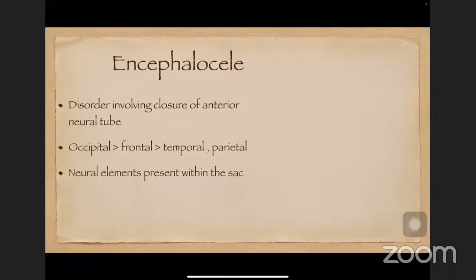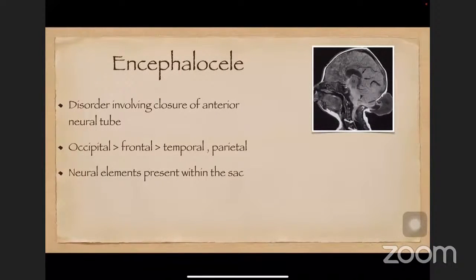Encephalocele and myelomeningocele are the ones that are commonly encountered. So encephalocele is a disorder involving closure of the anterior neural tube, usually seen in the occipital region, then the frontal region, followed by the temporal and the parietal region. And what is essential is to have neural elements present within the sac. Otherwise, you will probably look at it as a meningocele.